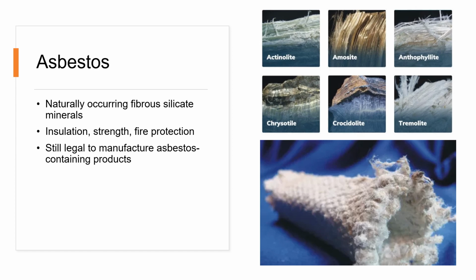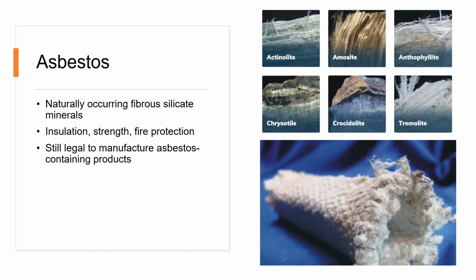In the past, these minerals have been mined because they provide good thermal insulation, they have excellent chemical and thermal stability, and they possess high tensile strength. So they're really desirable for the manufacturing of different residential products due to these properties. They were used a lot in items that were needed to provide insulation, strength, and fire protection.